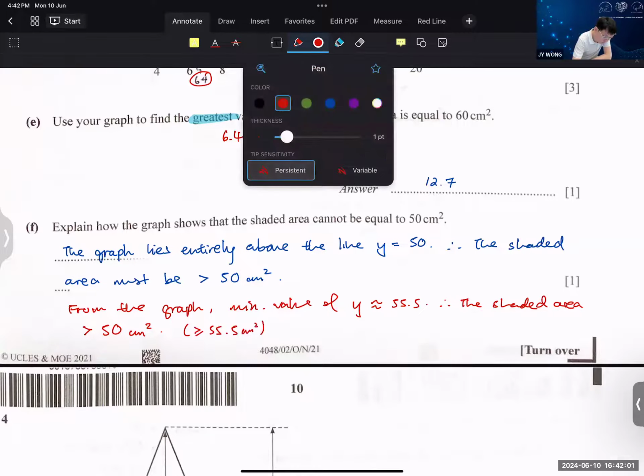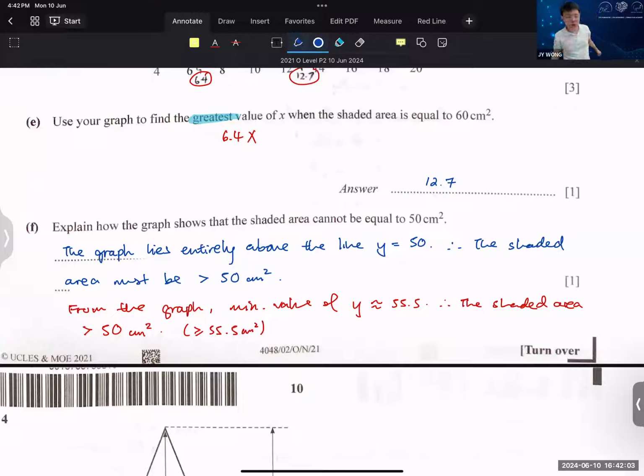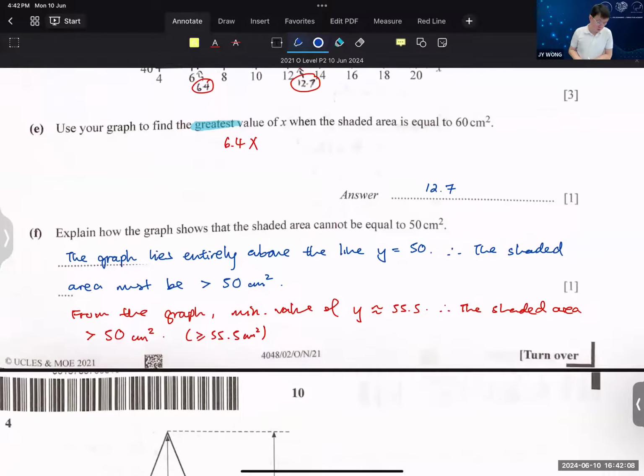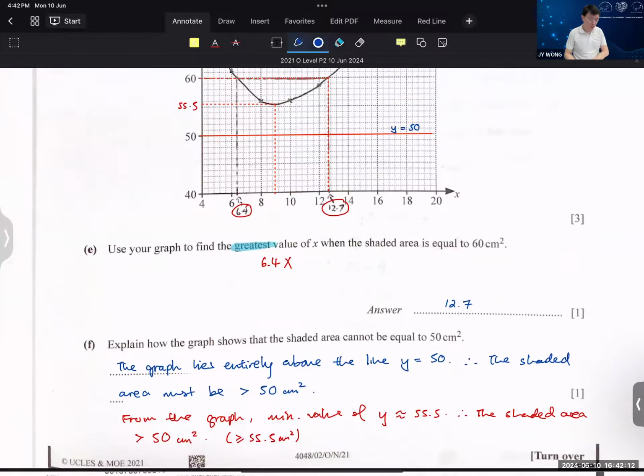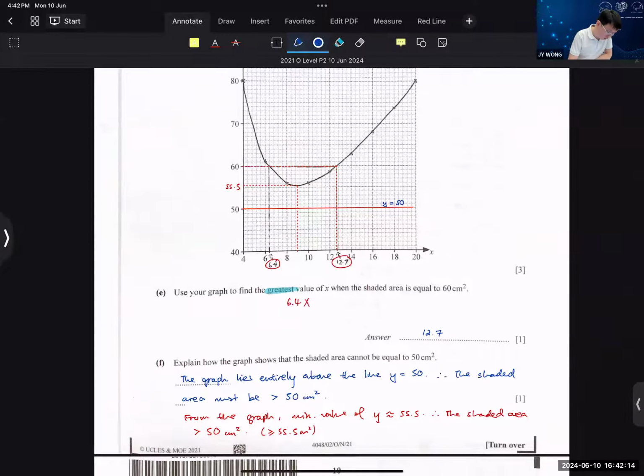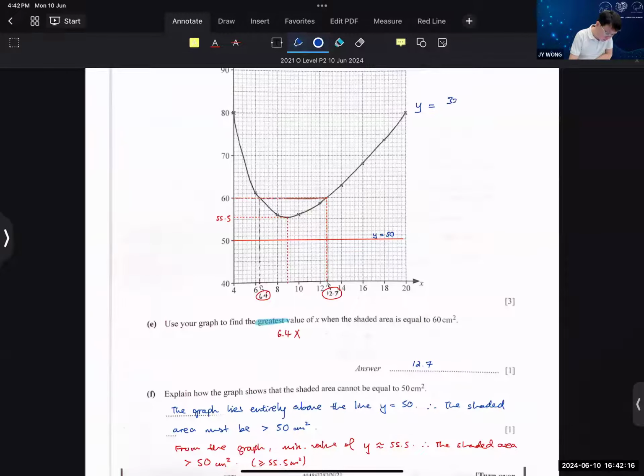If you never tell me more than 50, you tell me more than or equal to 55.5 also can. So it's just a logical understanding question. By the way, please always make sure you label the equation.